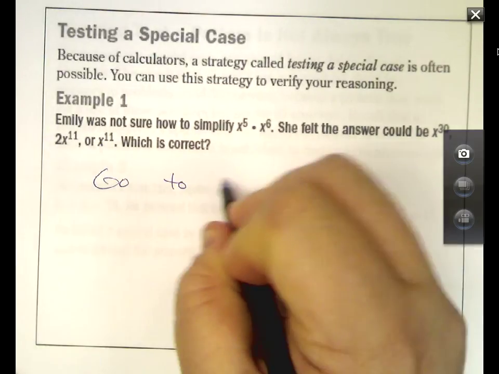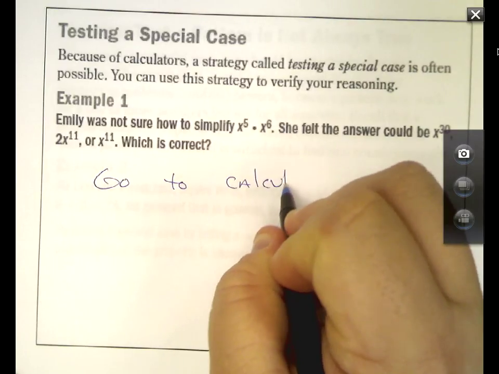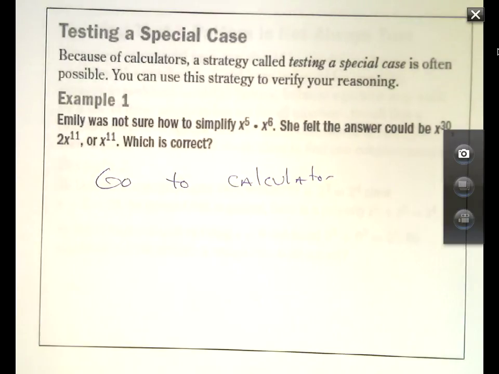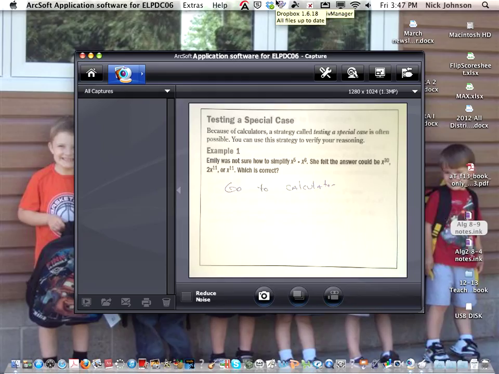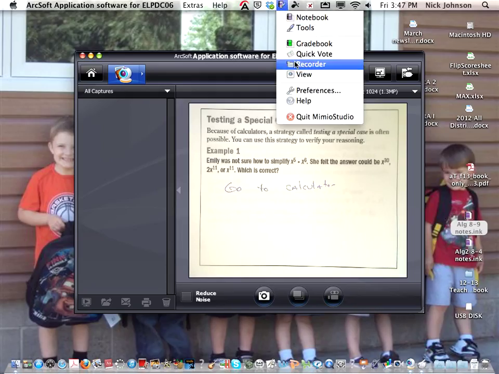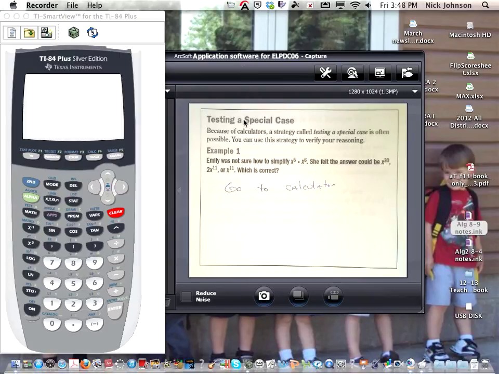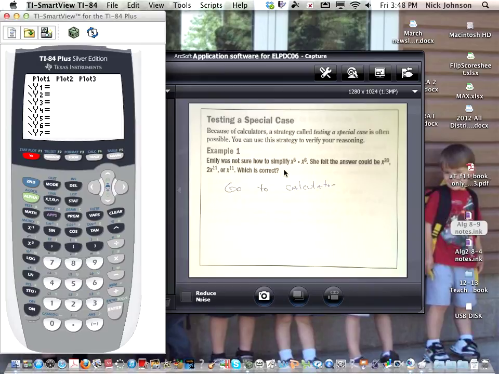Go to your calculator. If you watch here, I hit my y equals. I'm going to let y1 be x to the 5th times x to the 6th.